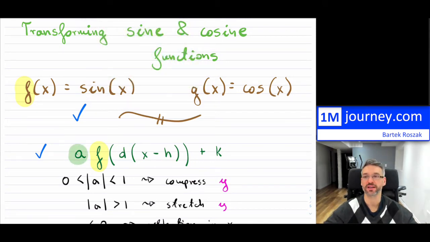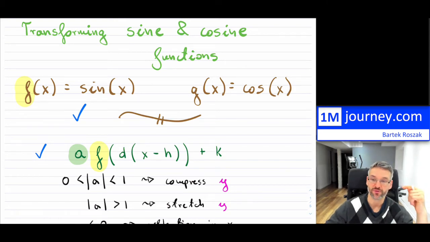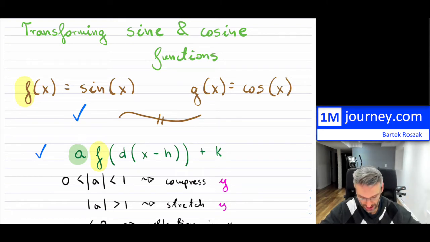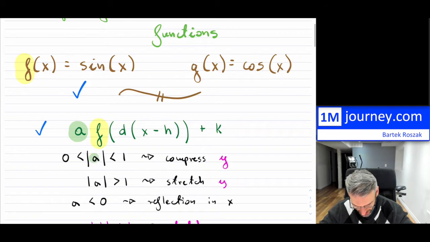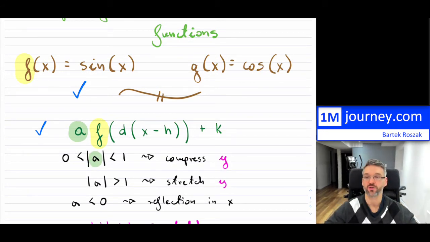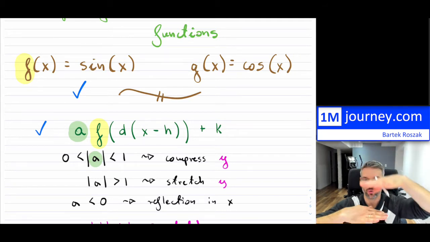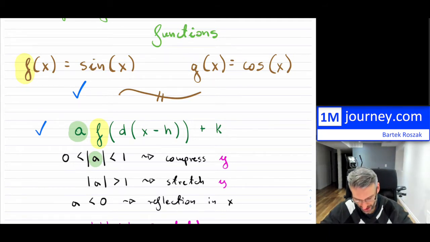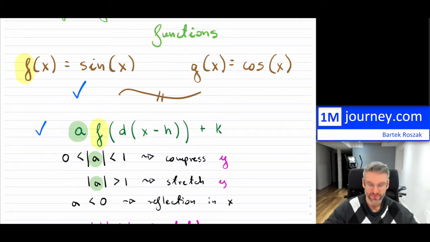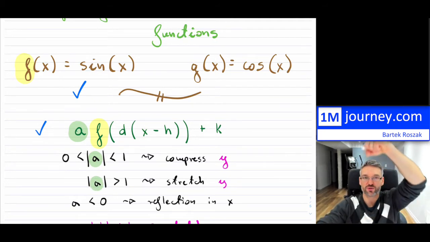What would happen? If we think back to transformations in general, if we take the absolute value of a, and it is less than 1, we've noticed that our function just started to be compressed in the y, so it started to get squashed down. If our a was greater than 1, then it started to get stretched out, so it was pulled apart in this way.